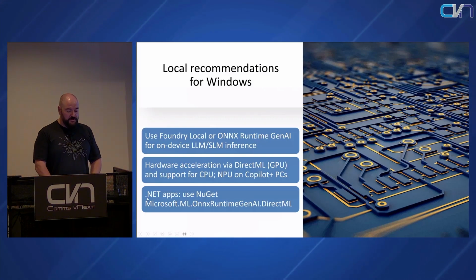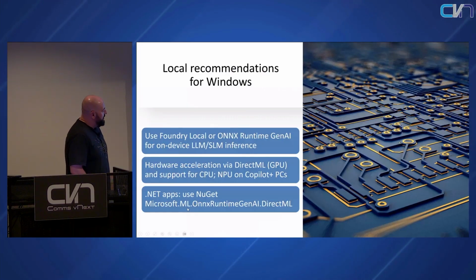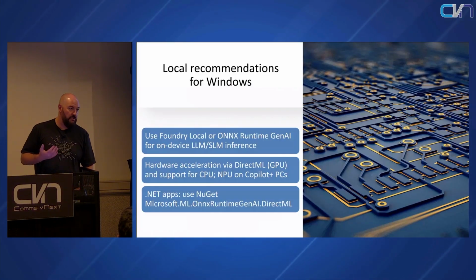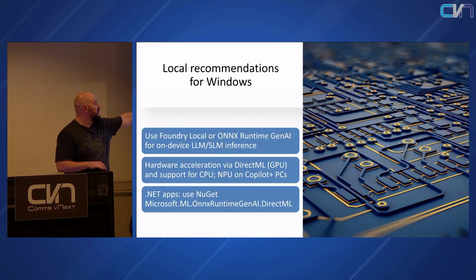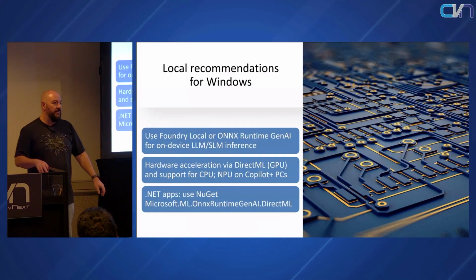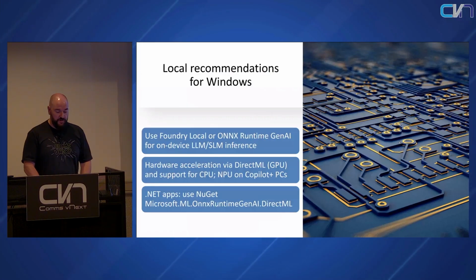And then .NET apps. When you're using NuGet, if you're building a .NET app versus Python or whatever, however you're going to package this up, if you're running .NET, you want to grab the ONNX runtime and the ONNX runtime Gen AI. That brings in SDK capability, giving you different code methods to leverage as you need them.